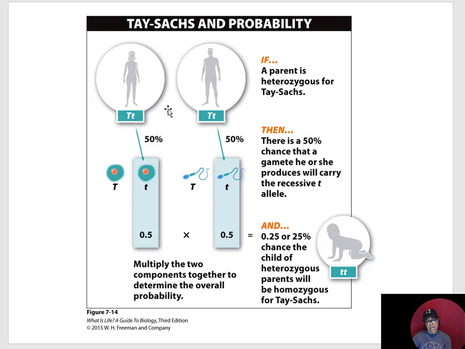Because Tay-Sachs only expresses if you're homozygous recessive, both the parents are going to appear normal. They are not going to have Tay-Sachs disease, yet they carry the gene, okay?